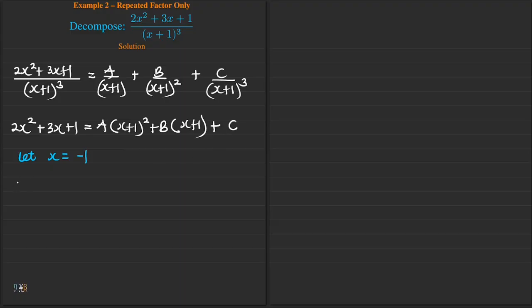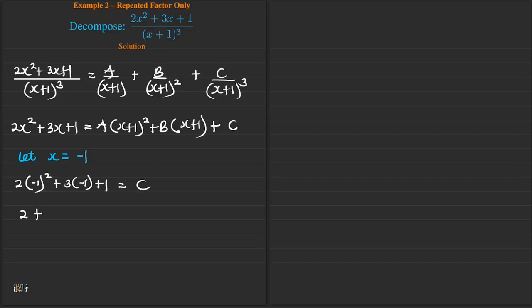So with that, we have our 2 into bracket, substituting x to be -1. We have -1 all squared, then plus 3 into bracket -1, then plus 1, which is equal to, as all of this gives us 0, we have our c. Evaluating, we have 2 times 1, 2 times 1 gives us 2.